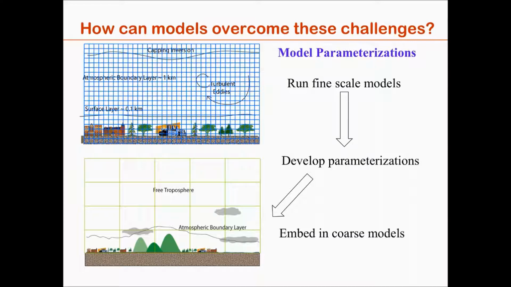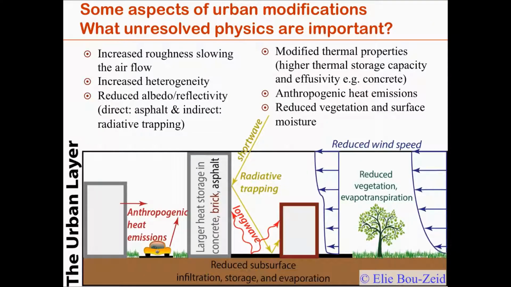And then you embed this parameterization in a coarse model where the fine scale flow between buildings or trees cannot be captured. You can do it the other way too. You can run a coarse model and then obtain the boundary condition and force a small scale model with it, but that's not very relevant here, so I will not delve into that. So these are two approaches for online and offline model coupling.